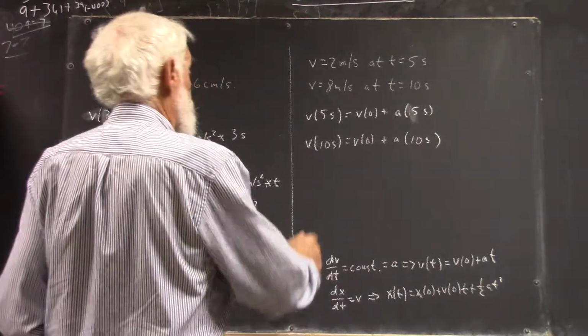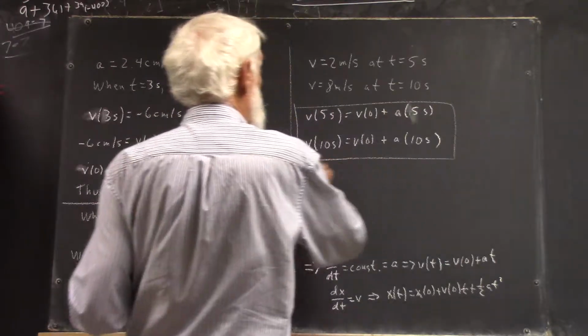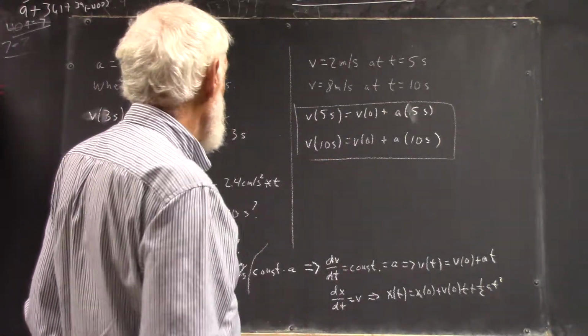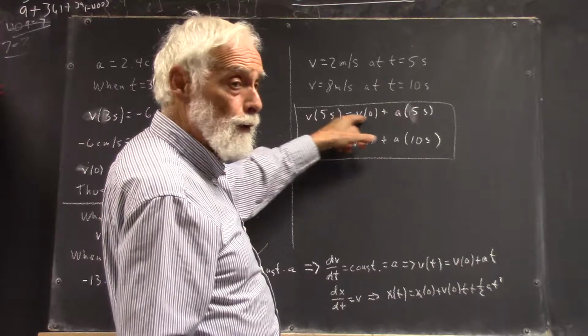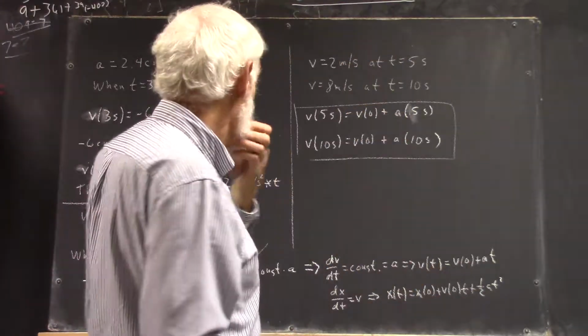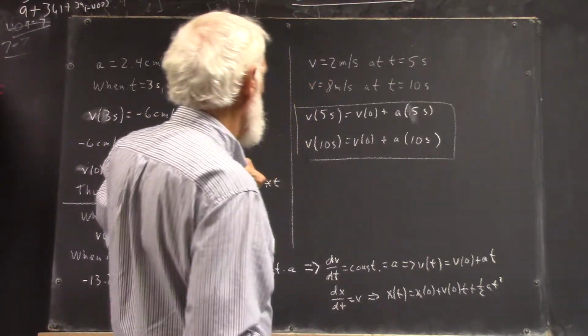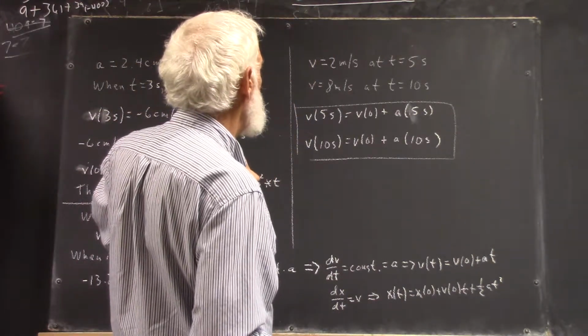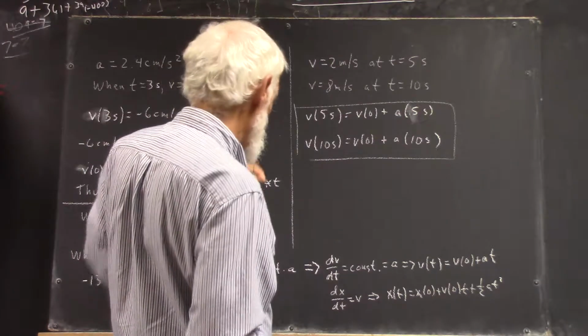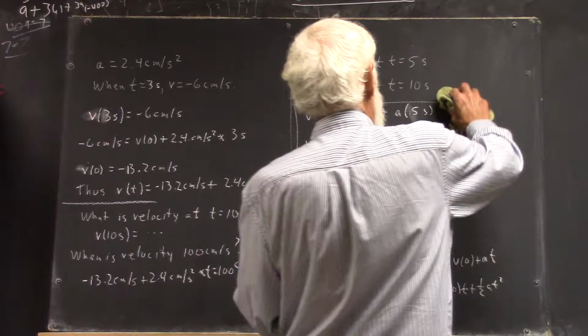Okay. So what can we do with this? Well, this is two simultaneous equations, and you have two unknowns, v of 0 and a. You can solve this very easily.